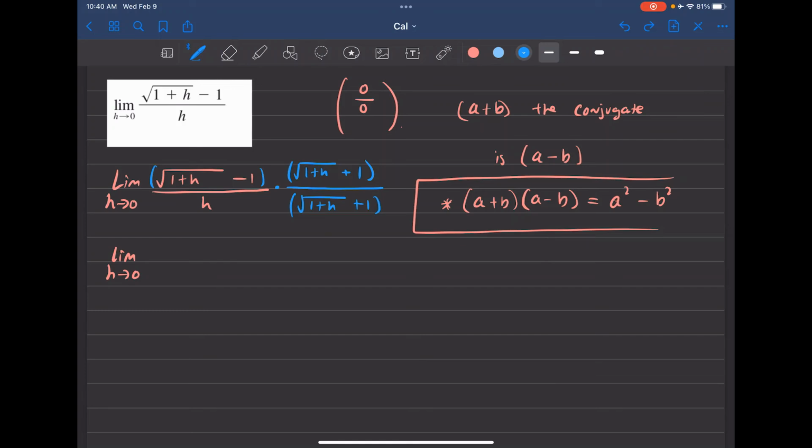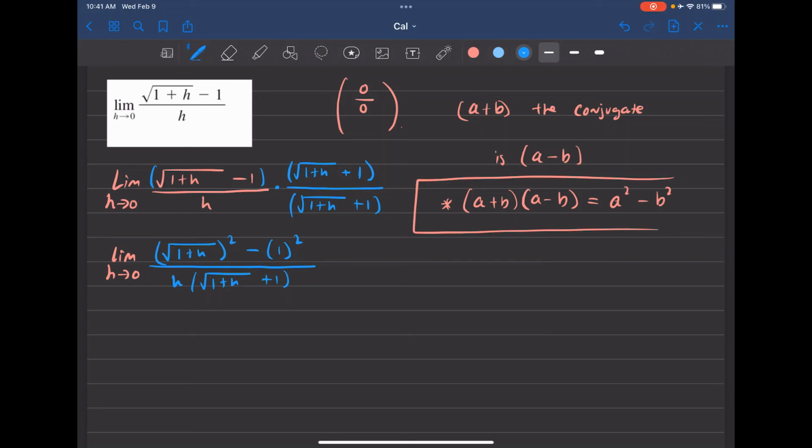So this would come out to be the square root of 1 plus h, squared, minus 1 squared. So like I said earlier, think of this as your a and this is your b. Okay, so once we have done that, we expanded the top, we got the difference of two perfect squares, and the bottom is just simply h times the conjugate, the square root of 1 plus h plus 1.